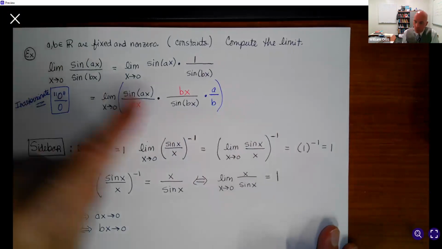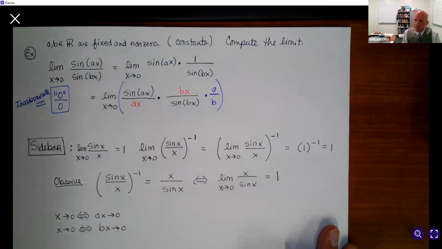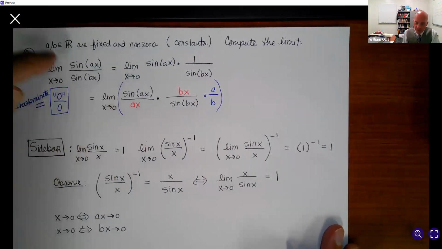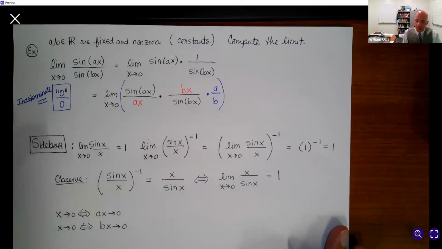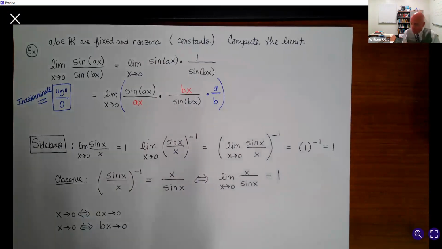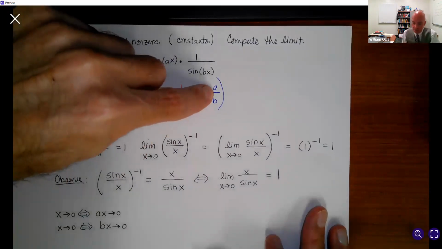So this equals this. X is not equal to 0. It's approaching 0. This equals this. And so now we can apply the limit theorems. Note, this is just a constant by construction.